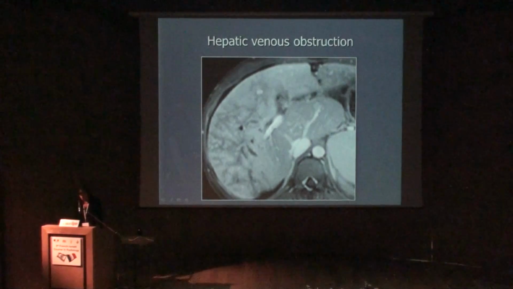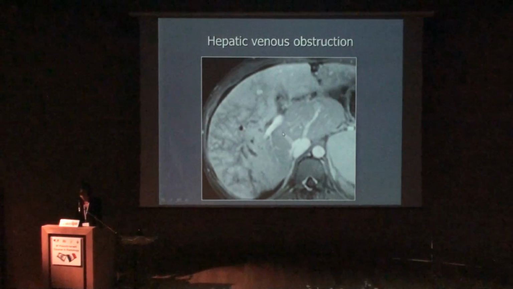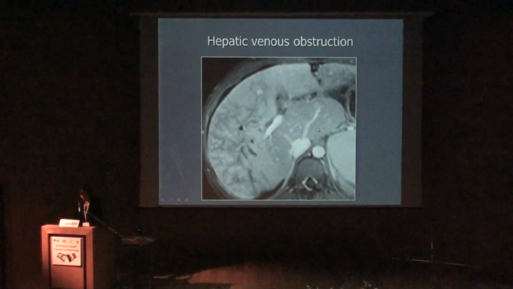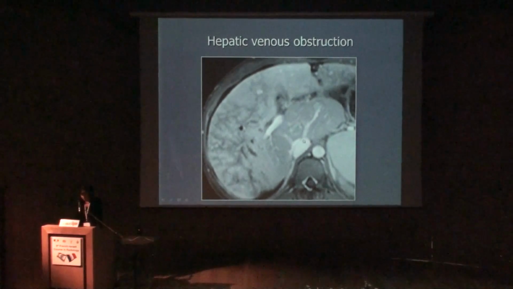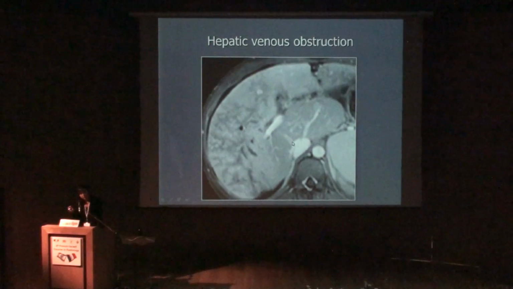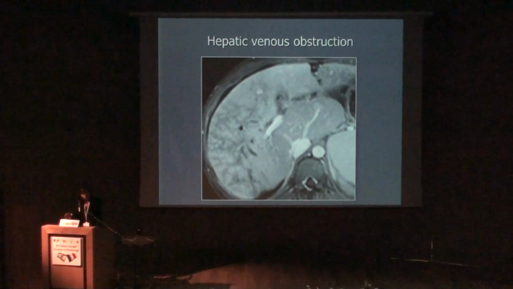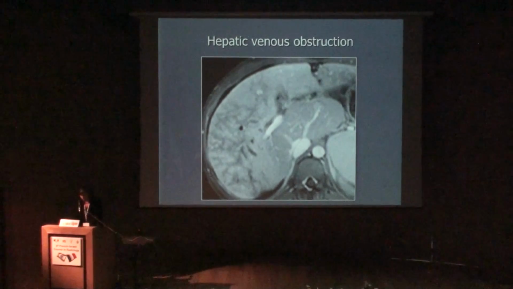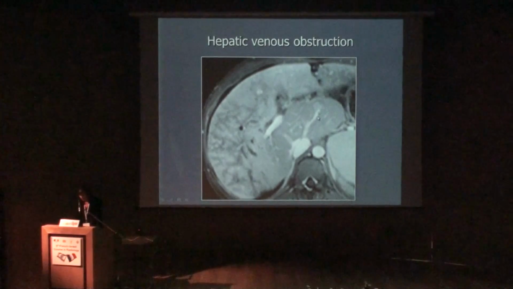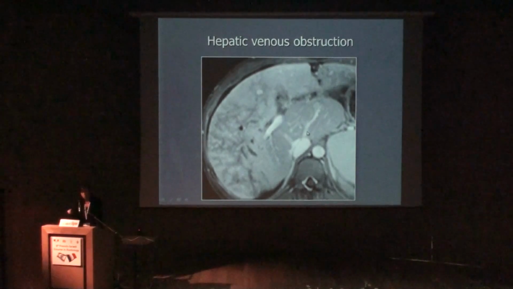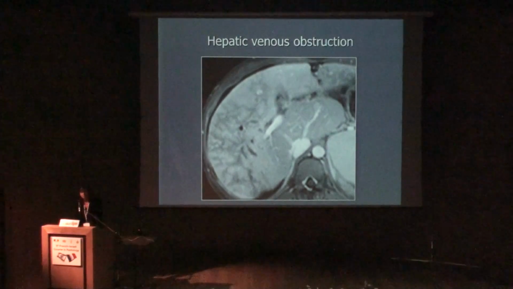So there is enlargement of the caudate, and here you can see that actually we can divide the caudate between the left part and the right one, so segments 1 and 9. And how do we explain that this segment not only remains stable in size but also increases in size? This is due to the very peculiar hepatic venous drainage made by multiple small caudate veins that directly drain into the IVC.